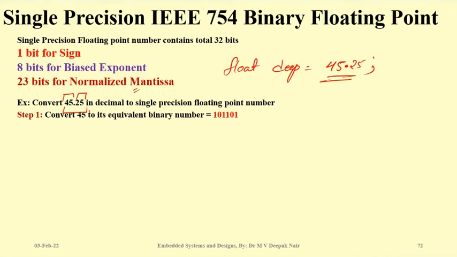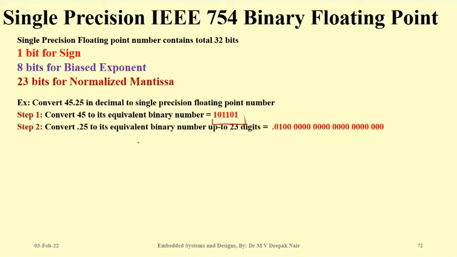First of all, we will convert the 45 to its equivalent binary number. You know how to convert that: divide it by 2 and you will get this particular number. Done. Then second, you have .25. You have to convert it to its equivalent binary, but remember you have to go up to 23 digits.